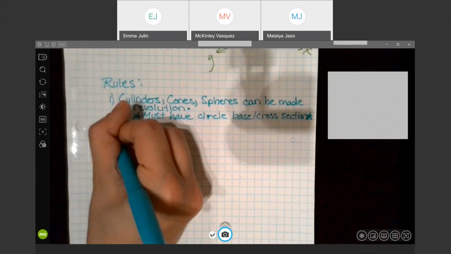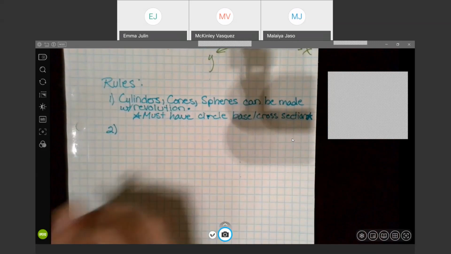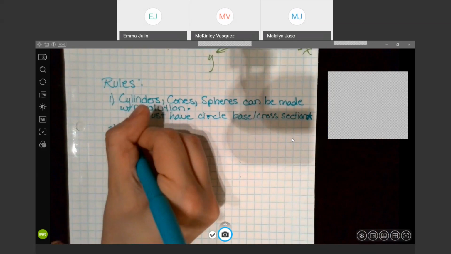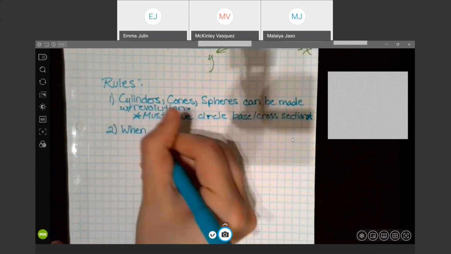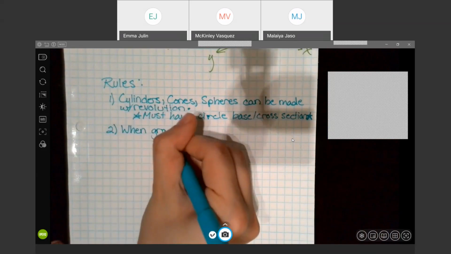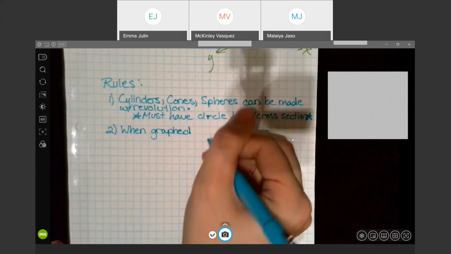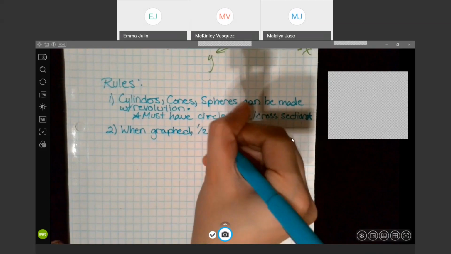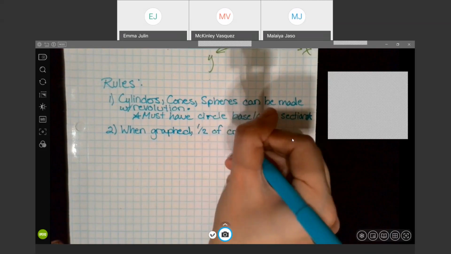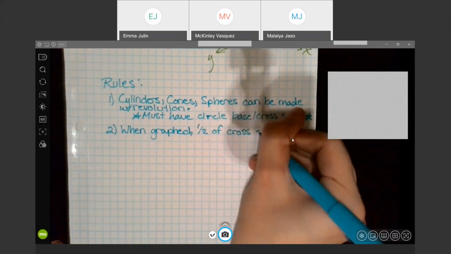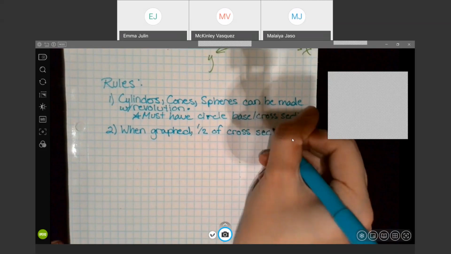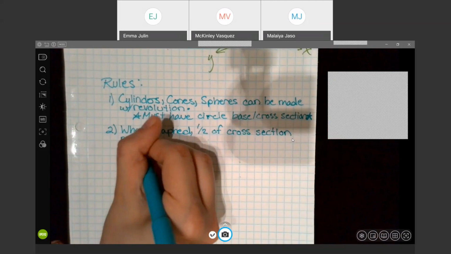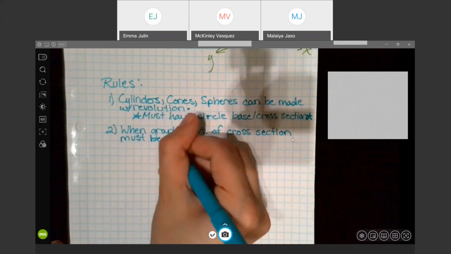Another note to ourselves for number 2. When graphed, half of the cross section must be on the graph.